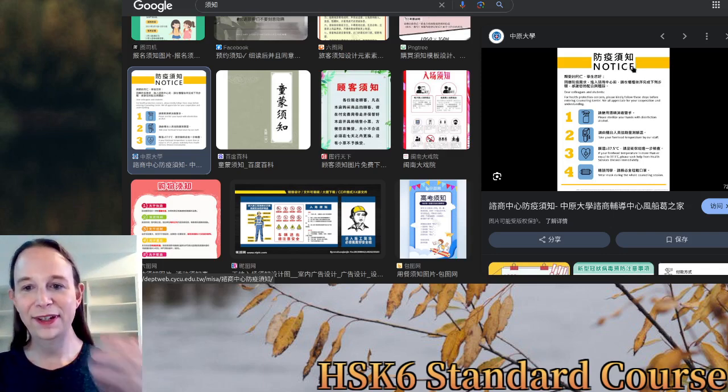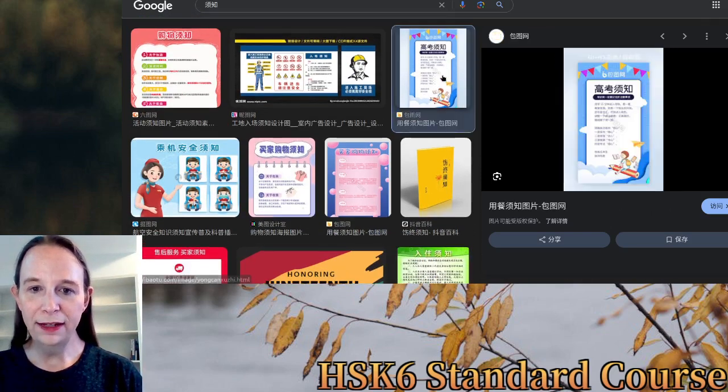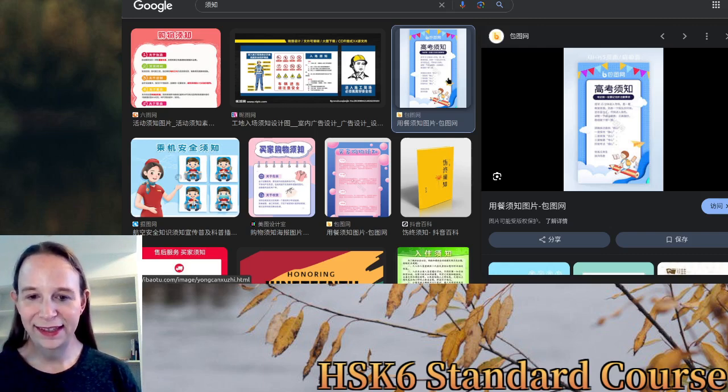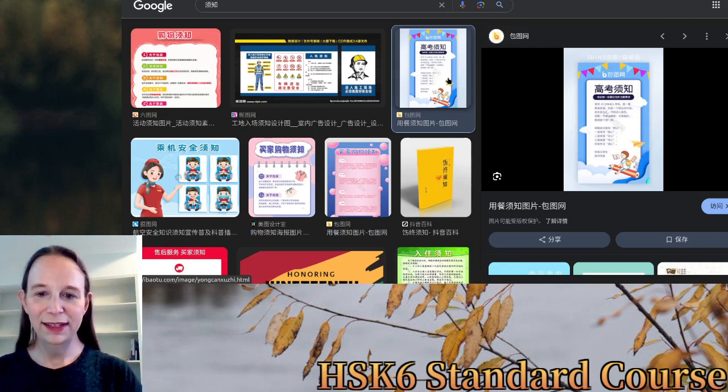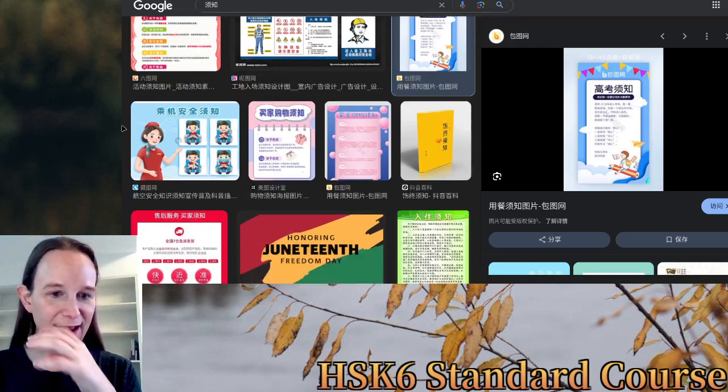So this is a notice, but pertaining to the pandemic. 高考须知. Yeah, so this will be a notice giving instructions for the 高考. So this is where you see 须知 on signage.